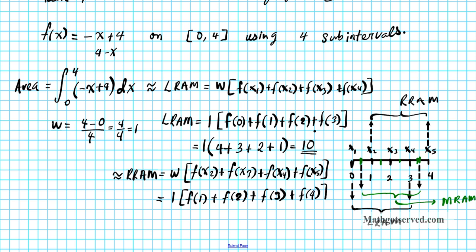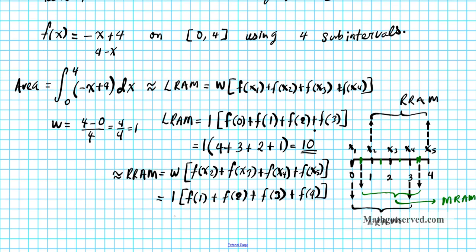And then if we evaluate this, we have 1 times f of 1. You plug in 1 into your function. We already did that before. So that's 4 plus 3 plus 2 plus f of 4. If you plug in 4 here, 4 minus 4 is 0. Okay, I think I made a mistake here. Let's fix this.